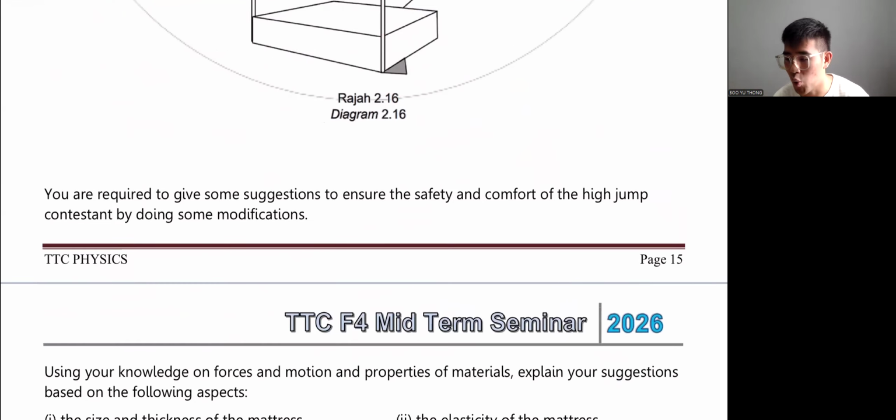The question says you are required to give some suggestions to ensure the safety and the comfort. The important thing here is to ensure safety and that it is comfortable for the athlete to jump over the pole and then fall on the mattress, so to be safe, by doing some modification there.